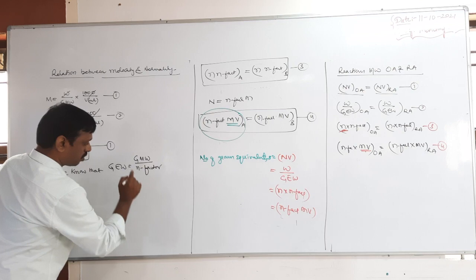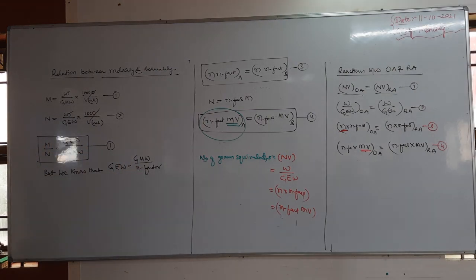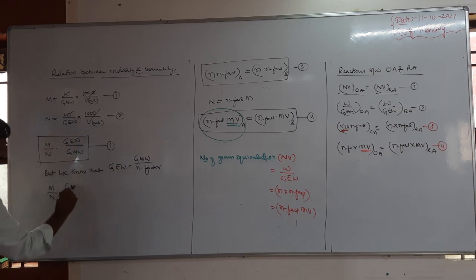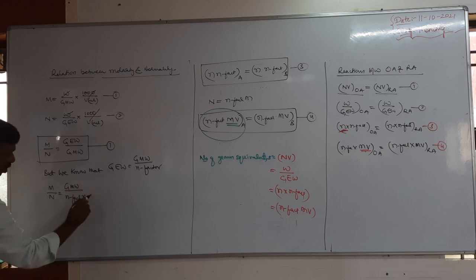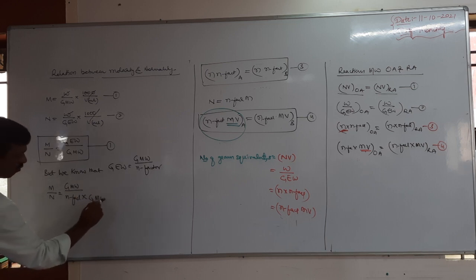So what is n factor? Tomorrow in class we will study it in detail. Now substitute here: molarity by normality equals gram equivalent weight by gram molecular weight, which is gram molecular weight divided by n factor into gram molecular weight.